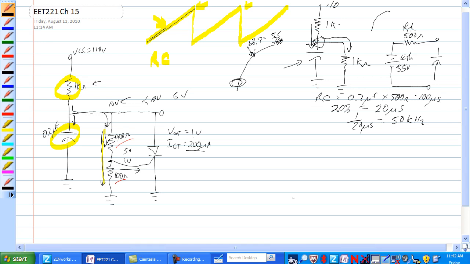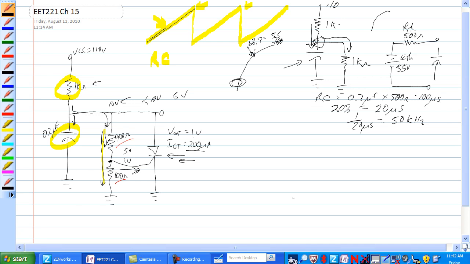The answer to that question is yes, there will. We have to deal with a current into this gate. 100 microamps will not make this SCR fire, and 0.5 volts will not make this SCR fire. I need to get this to at least 1 volt and 200 microamps.